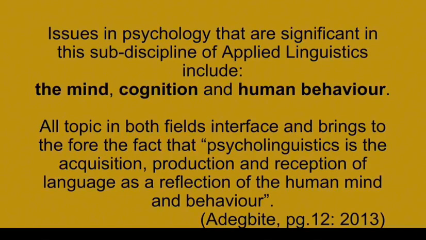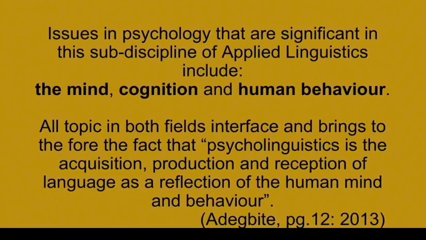So when we talk about the mind, or psychology, we should be thinking of thought and thinking. We should be thinking of cognition, where words are associated with cognition, such as learning, knowing, comprehending, remembering, forgetting, all of these cognitive abilities.